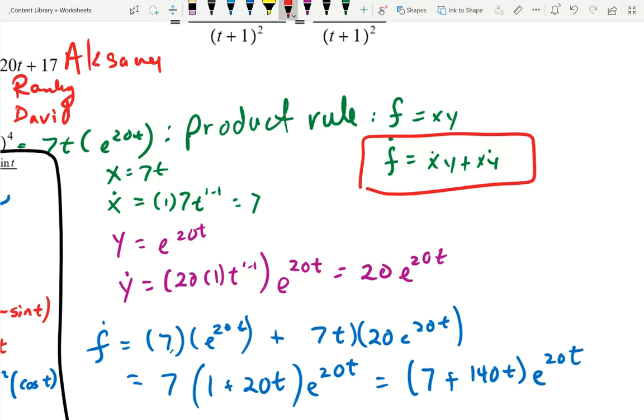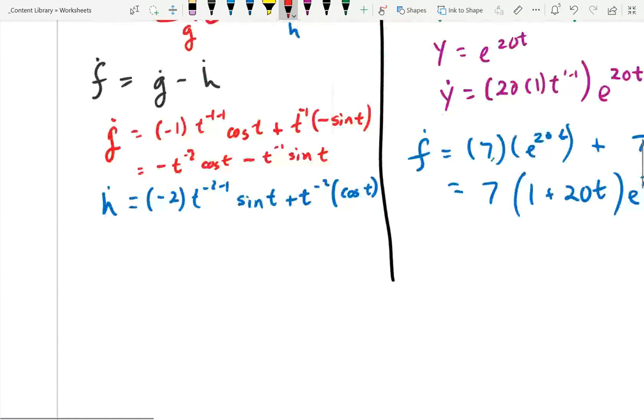U, V, or you use like X, Y. Right, UV. That's the product rule right there. U and V are the typical variables you see in your calculus book. Oh wow, I forgot about that. Okay, I'm back on the right track.